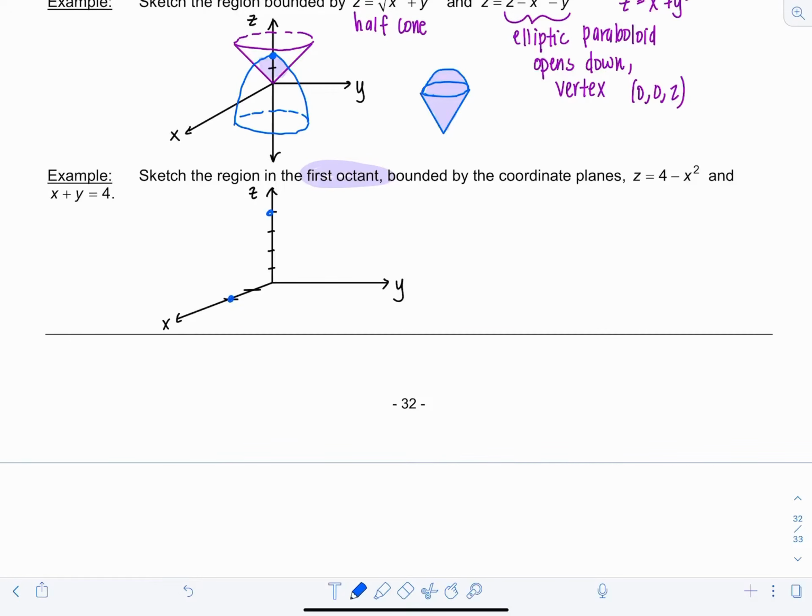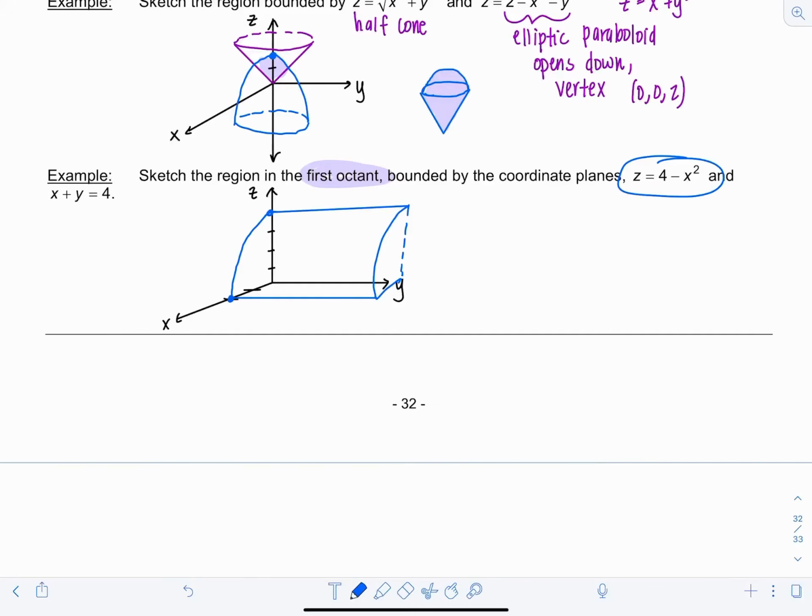So I've got this portion here. Okay. And notice that y is missing. So this gets projected parallel to the y-axis. Okay. Something like this is going on. So that's z equals 4 minus x squared, and then x plus y equals 4, that's a plane, right?